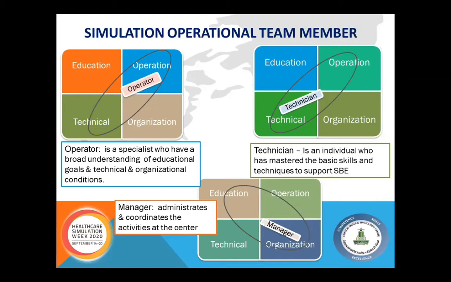The technician is an individual who has mastered the basic skills and techniques to support simulation-based education. All these 3 complete each other. Without any of them, the simulation operation will not be an excellent simulation operation.